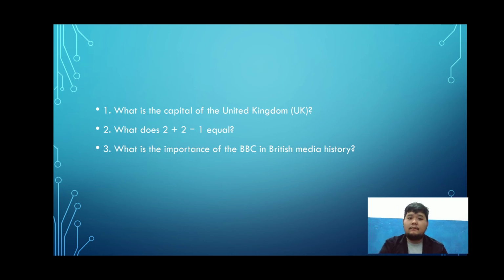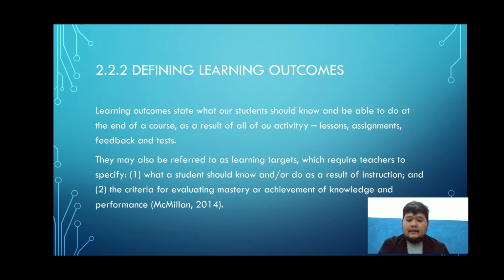Okay, the second point is defining learning outcomes. What do learning outcomes mean? What our students should know and be able to do at the end of a course as a result of all of our activity, such as lessons, assignments, feedback, and tests.